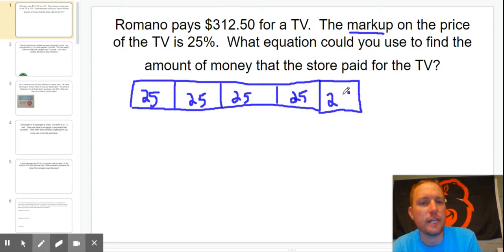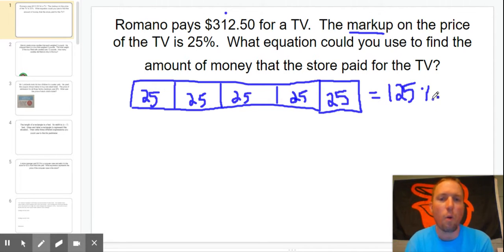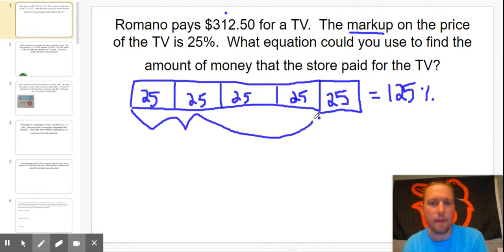So the cost of the TV, aka $312.50, is actually 125% of the cost. So we're trying to figure out what was the original price that they paid. What was 100% of the cost, or this amount?